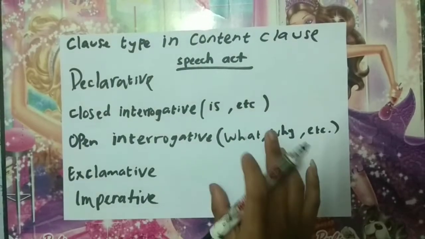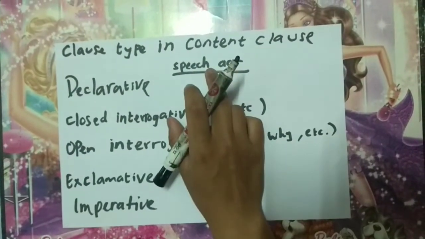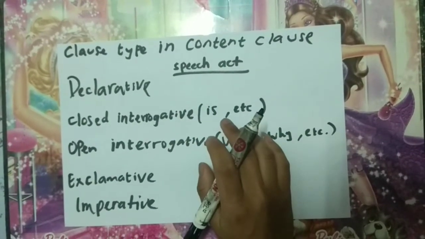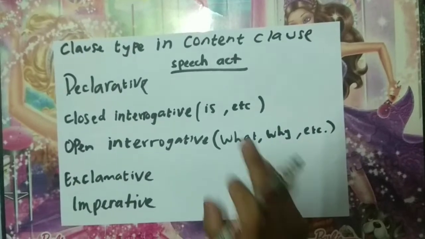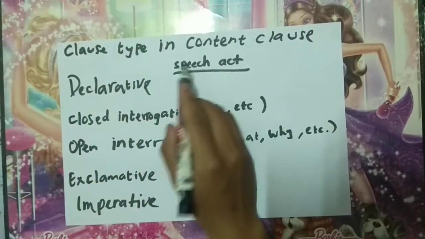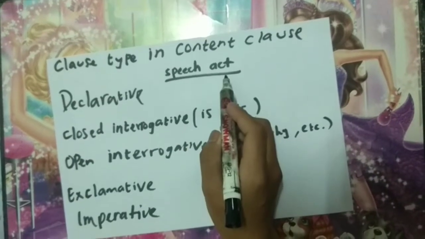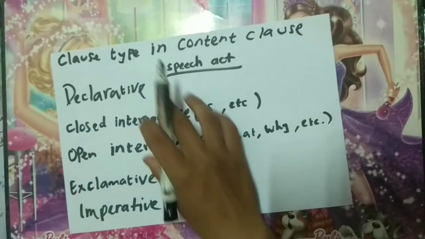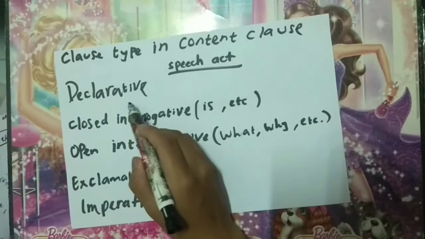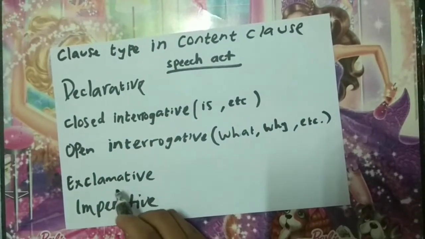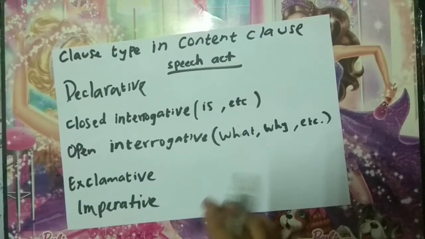The system of clause type described for main clause in chapter 9, you can open chapter 9, applies also to content clause. In clause type in content clause, we can say speech act included declarative, closed interrogative, open interrogative, exclamative, and imperative.